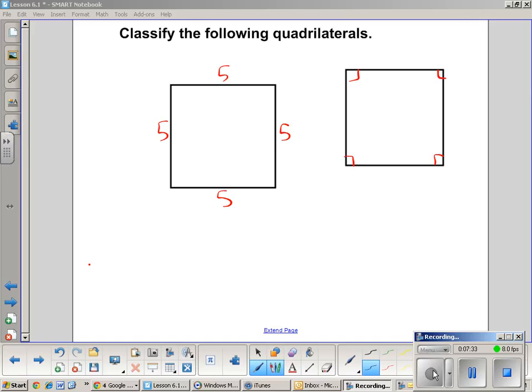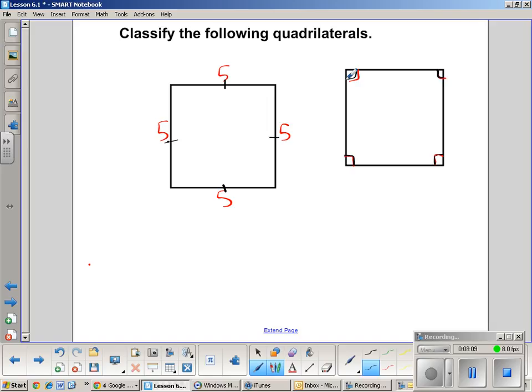We can only base it on what they gave us. All four sides here are what? They're equal. In fact, they're equal to 5, right? So what has the rule that all four sides are equal? A rhombus. So this picture on the left is a rhombus. And this one over here, all we know is that the four angles are 90 degrees. They're all right angles. So therefore, it is a rectangle. It may look like a square, but we don't know that.